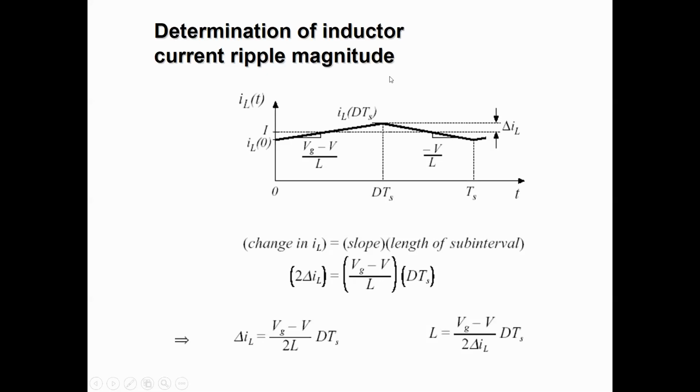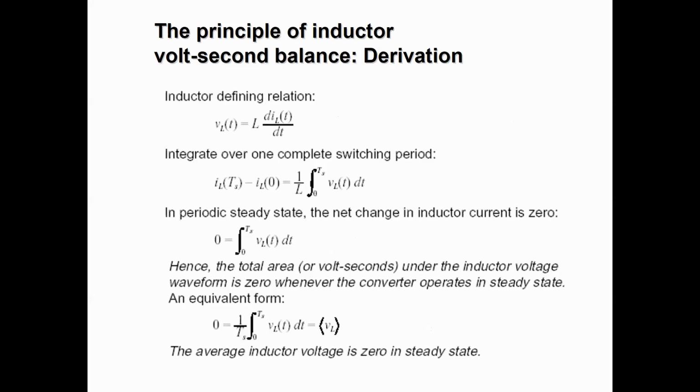So if you want to derive how much ripple there is in the inductor current, you can derive it from this equation. As you know, the input voltage, output voltage, the inductor current value, inductor voltage, inductor magnitude, and duration of the switching. So when we put these values, we can identify how much ripple there is in the current of the inductor.